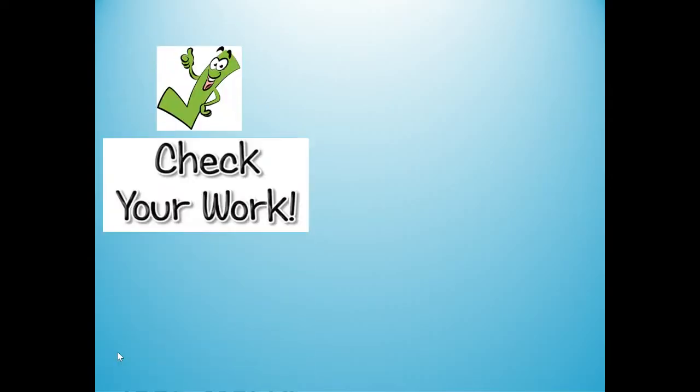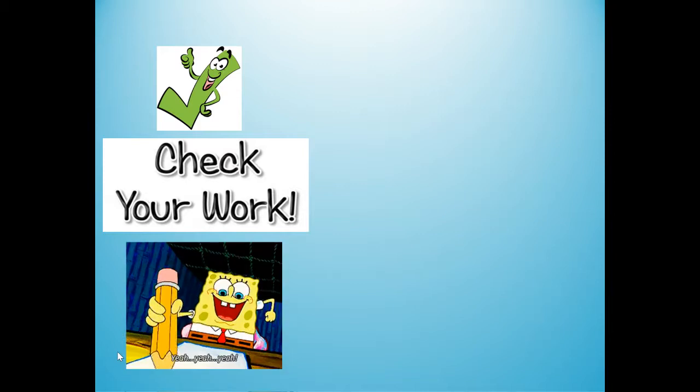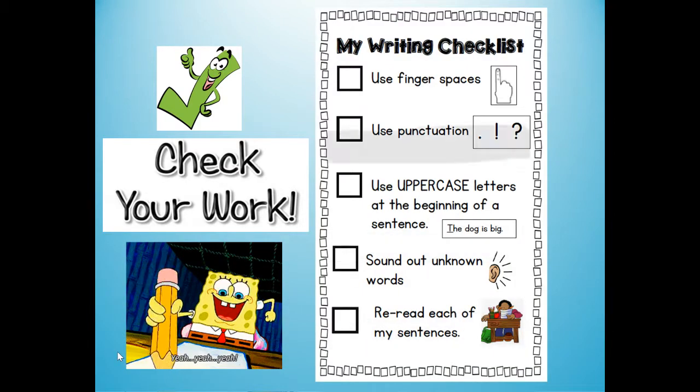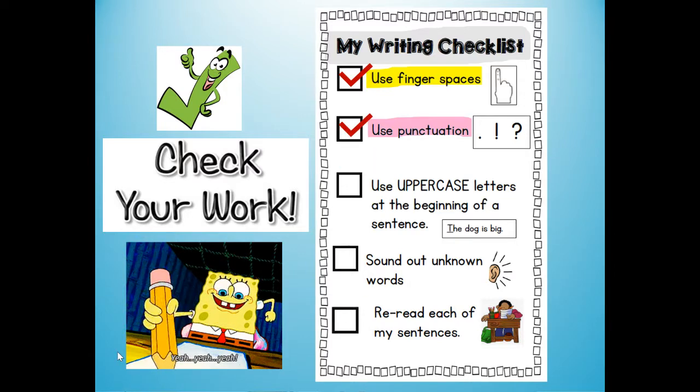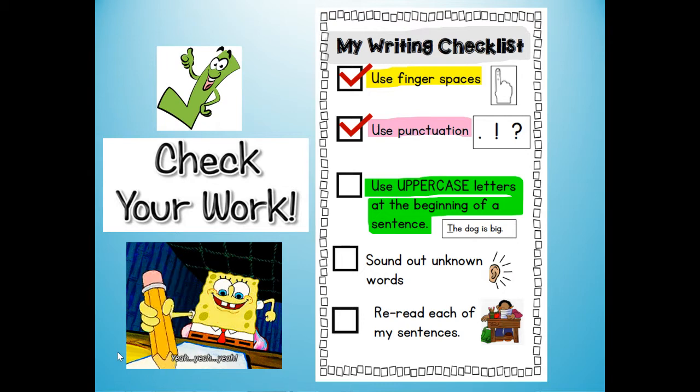All right, I want you to check your work. You've written 3 sentences. Now I want you to check your work with our writing checklist. Did you use finger spaces between each of your words? So make sure you check all 3 of your sentences. Did you use punctuation? Did you put a period at the end of each of your sentences? Did you use uppercase letters at the beginning of each of your 3 sentences?